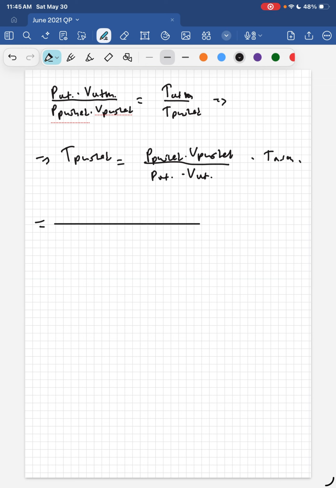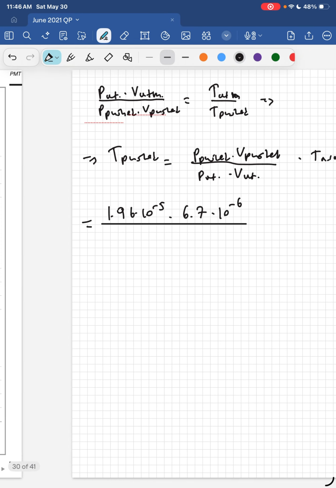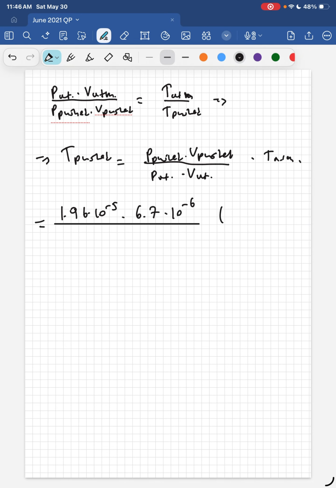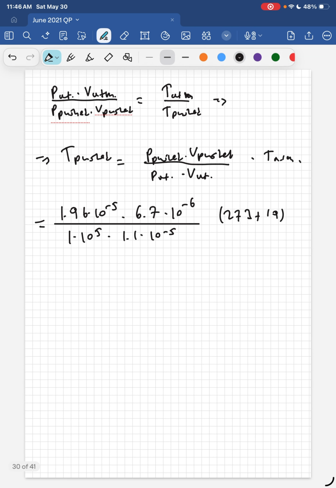So the pressure when we push the thing in is 1.96 times 10 to the negative 5. We just calculated that. And then the volume is 6.7 times 10 to the negative 6, which is what they give us, right? Okay, the temperature of 19 degrees has to be converted to Kelvin, and then in the denominator we have the atmospheric pressure 1 times 10 to the 5, and then the volume, which is 1.1 times 10 to the negative 5, which is the initial volume pretty much before we push the thing in.